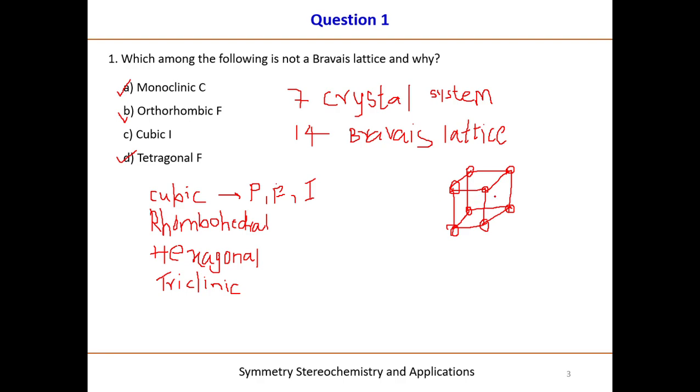What about the face center? In face center cubic cell, all the 8 atoms are occupied the corner of the unit cell, like primitive cell only. But the only difference is that the other atom will be present on the face of each lattice side.